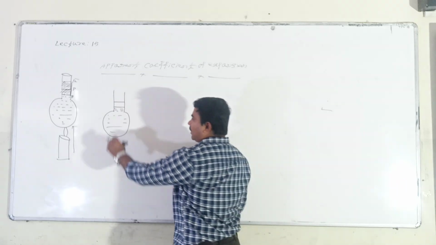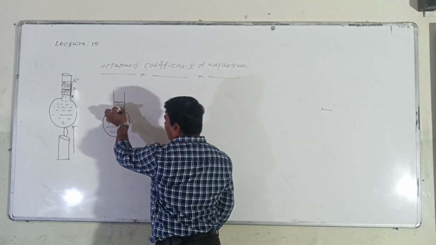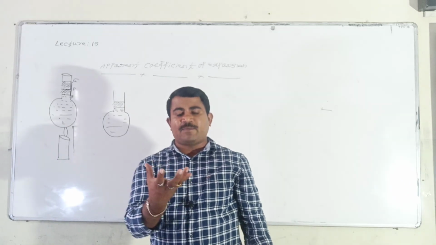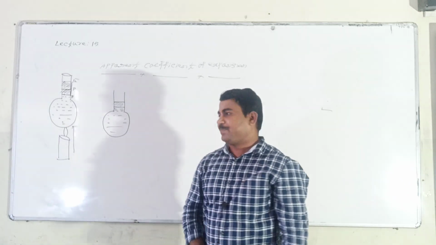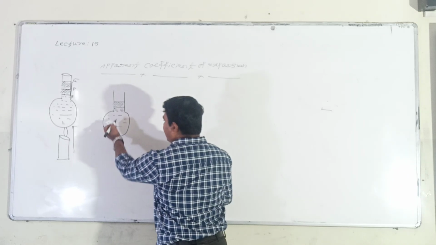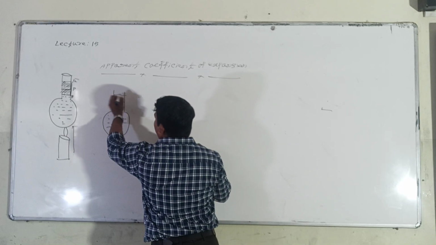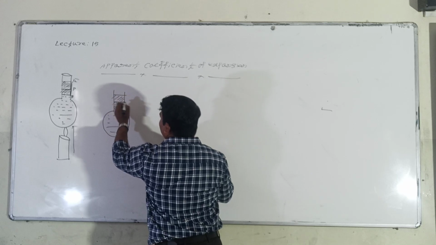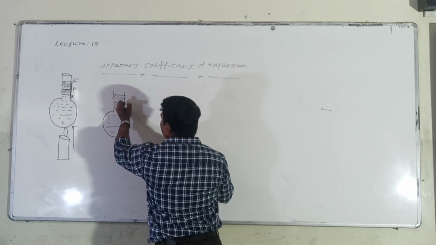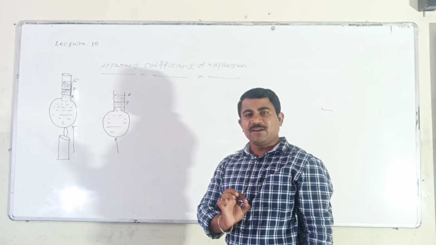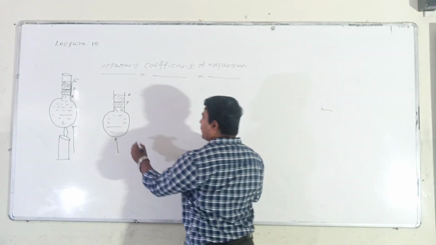This value we are calling the actual expansion of the flask. How much the liquid falls, that much the flask will expand. Now, if the temperature increases again, it may rise from this point to this point. This value, from P to R, we are calling apparent expansion. Now consider the initial volume.